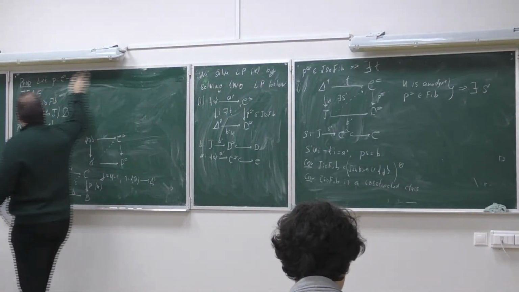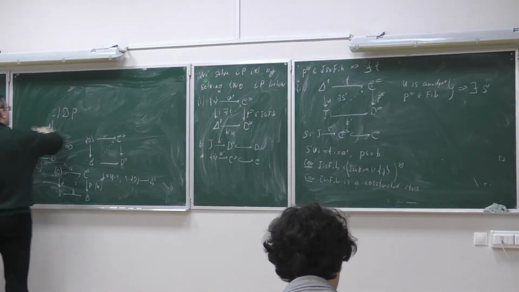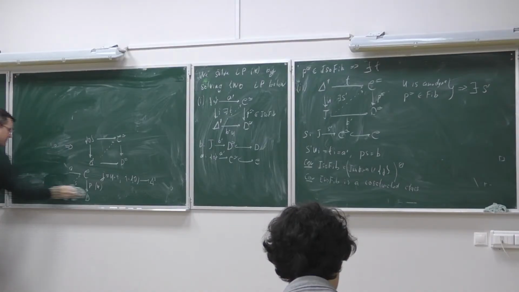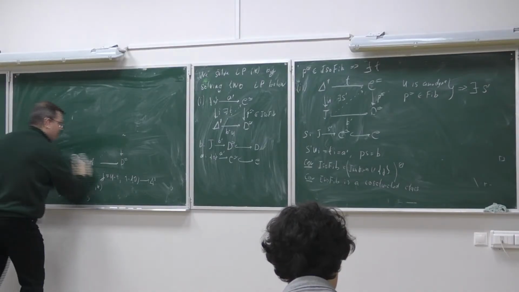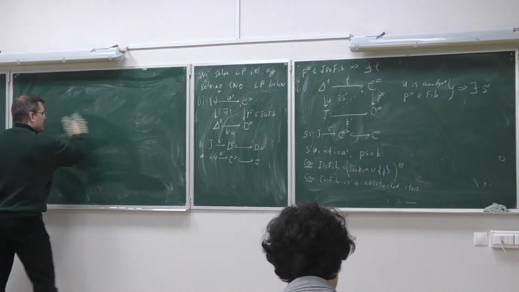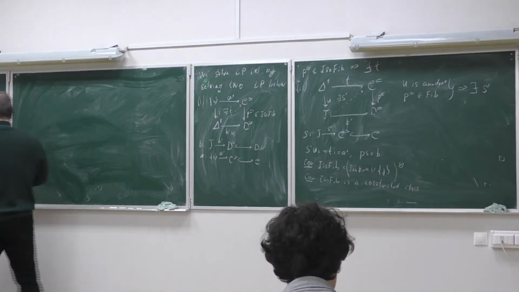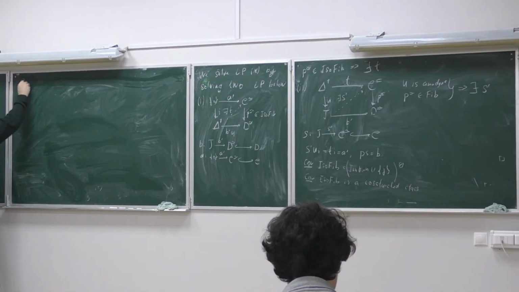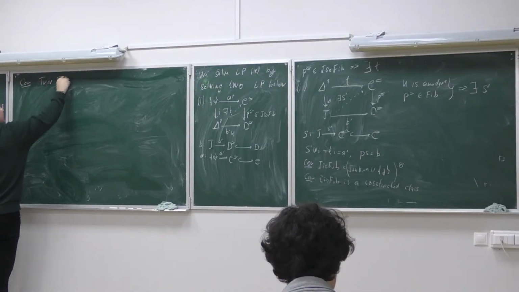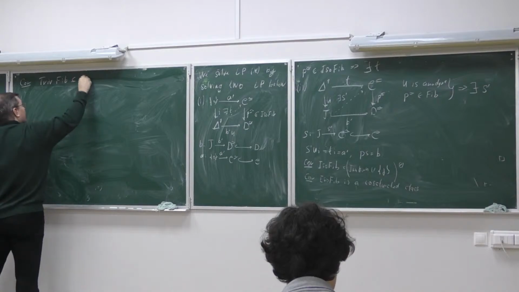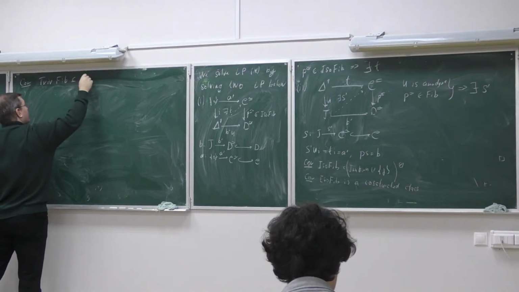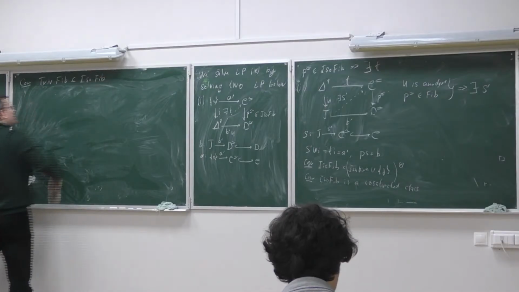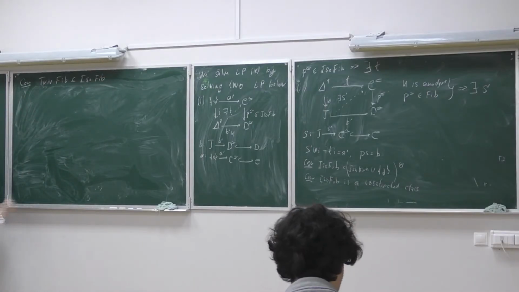And last, a very simple corollary is that any trivial fibration is an isofibration. So the class of trivial fibrations is contained in the class of isofibrations. The proof is really just one formula.